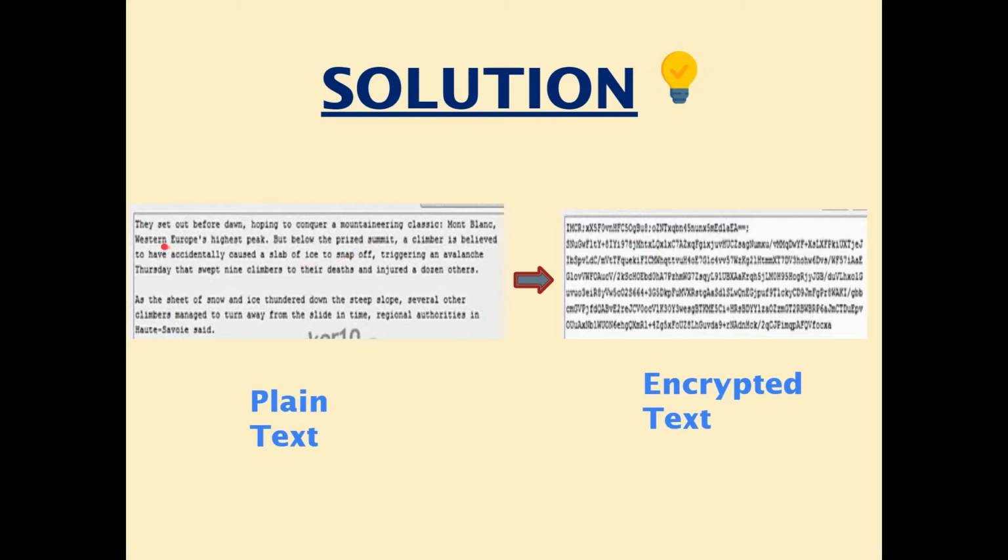Here it is written that they set out before dawn, hoping to conquer a mountaineering classic. This is a pretty simple sentence that any human can understand. But what if this message was a private message that needs to be sent to another person, and in between there shouldn't be anyone who should read it?